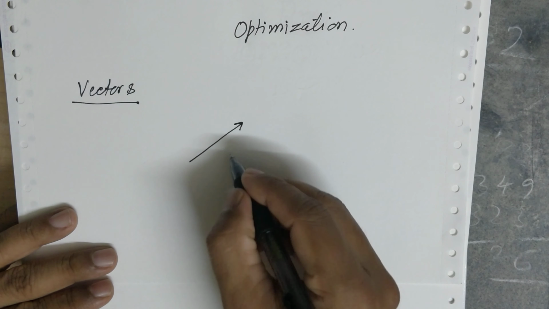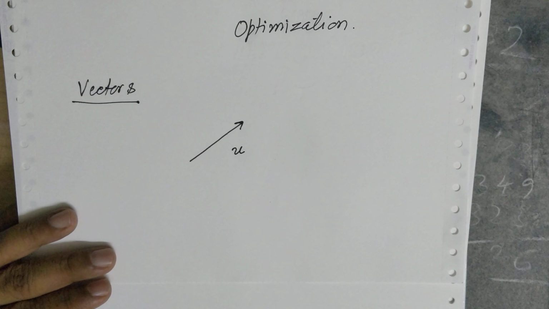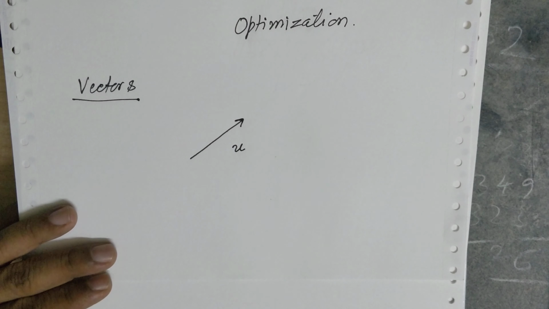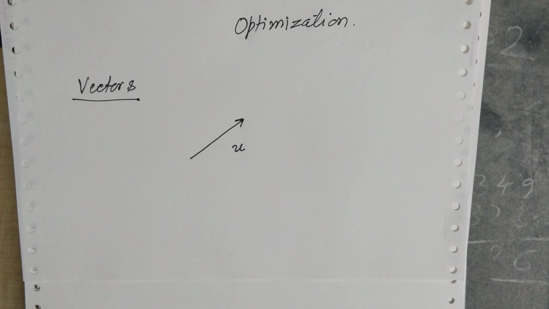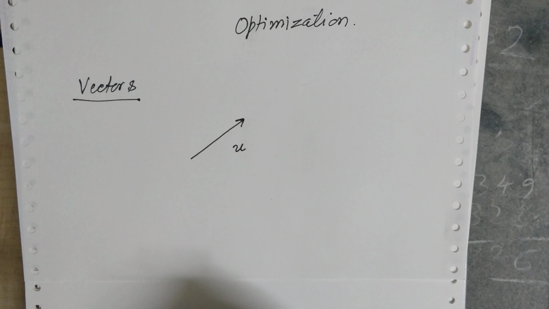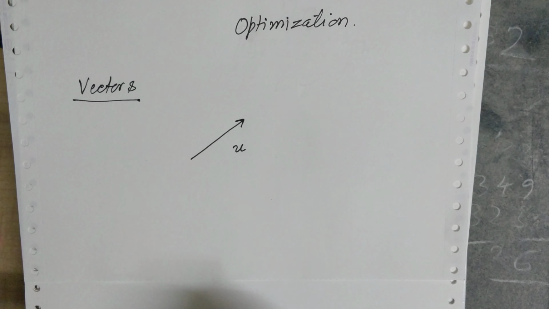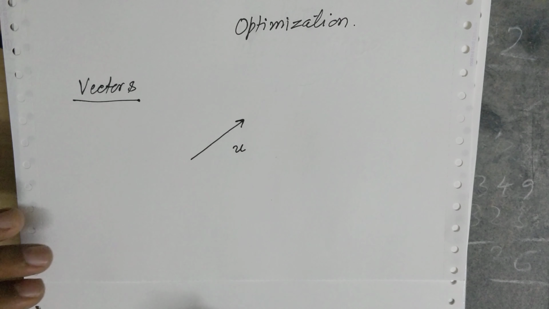So let us say this is a vector, and this vector is the vector u. Normally we put a bar in schools or an arrow on top of the symbol, but we will avoid that. So what do you do with the set of vectors? There are certain operations which one does on vectors.